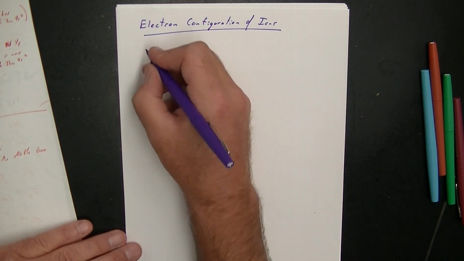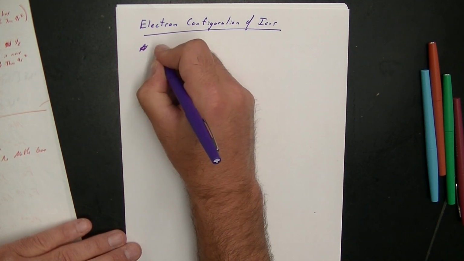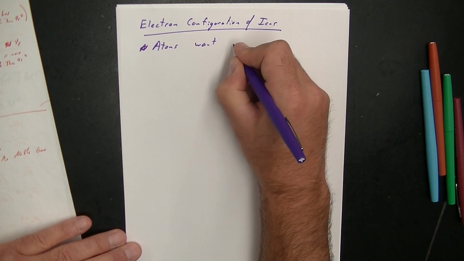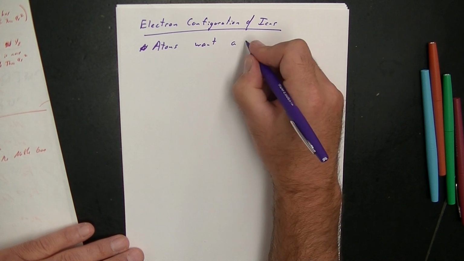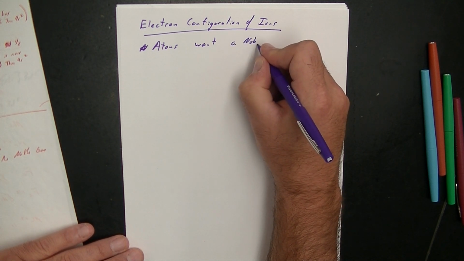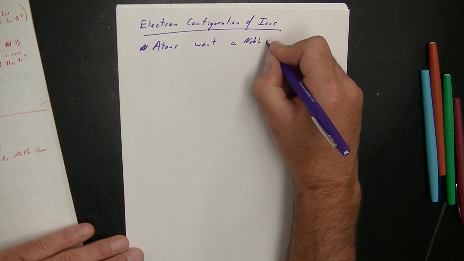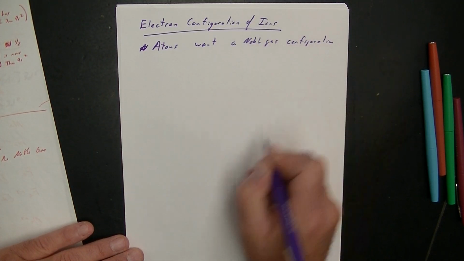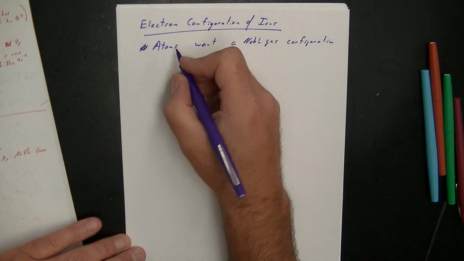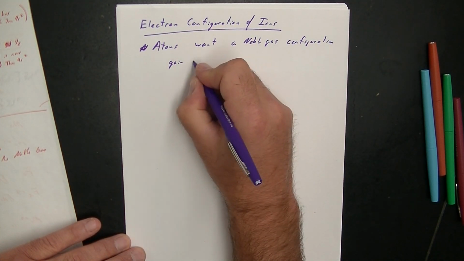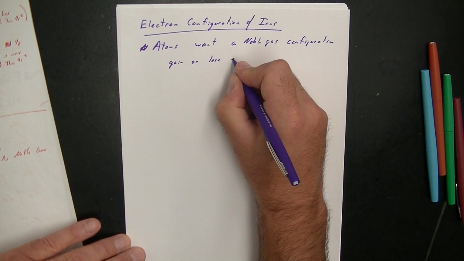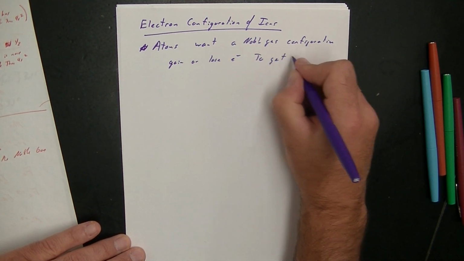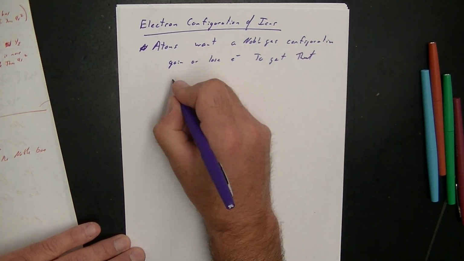Atoms want a noble gas configuration. They're going to gain or lose electrons to get that configuration.